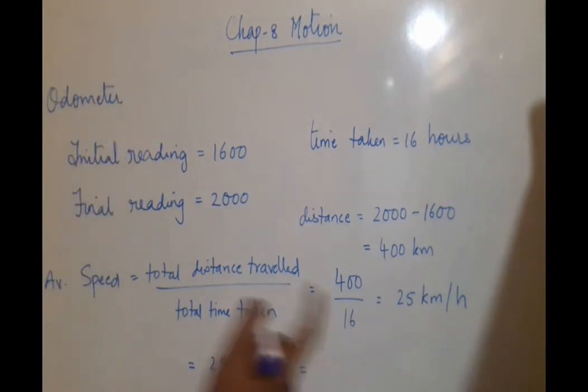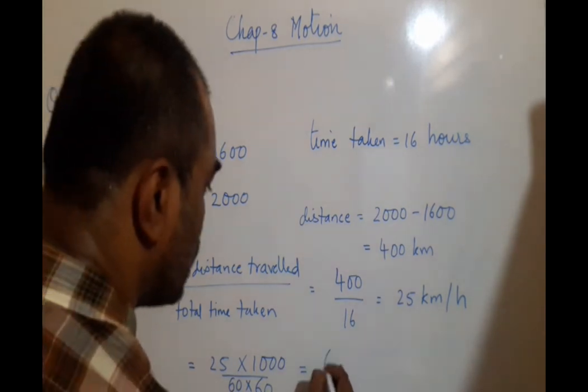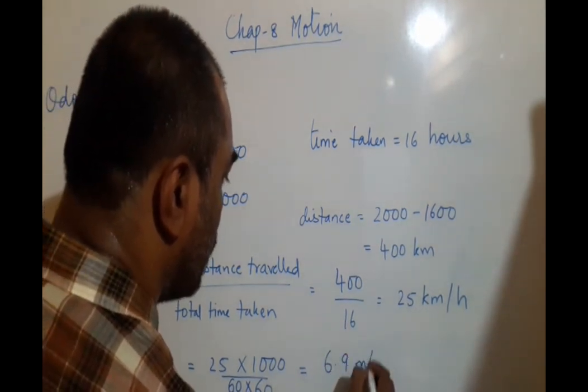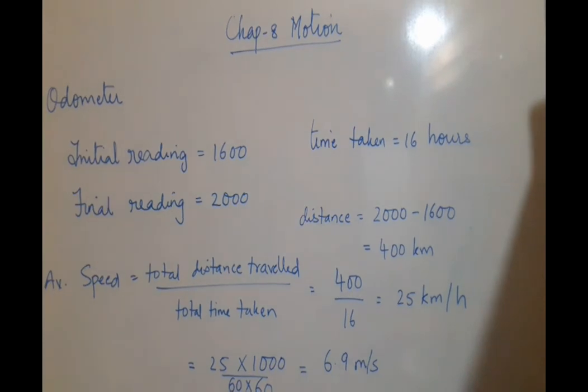So I have converted the hour into seconds, which gives me almost 6.9 meter per second. So I have found out the average speed both in kilometer per hour and meter per second.